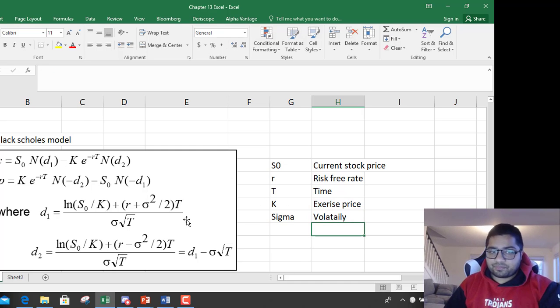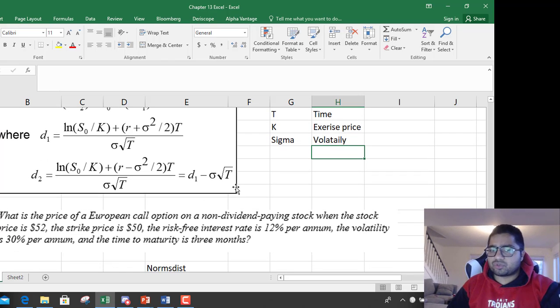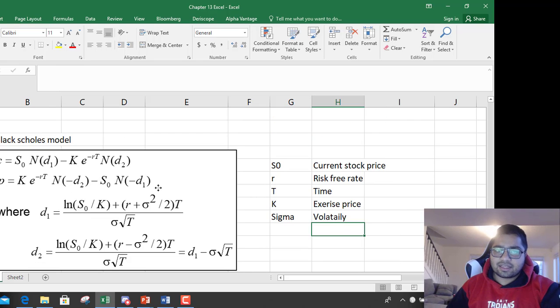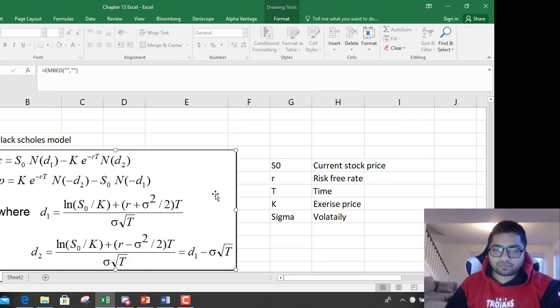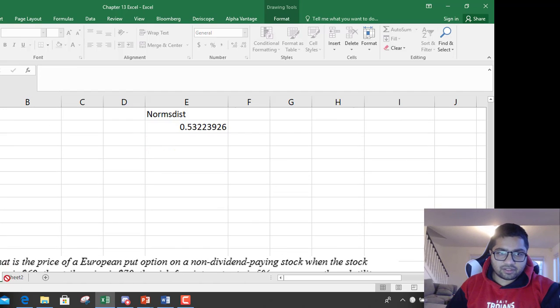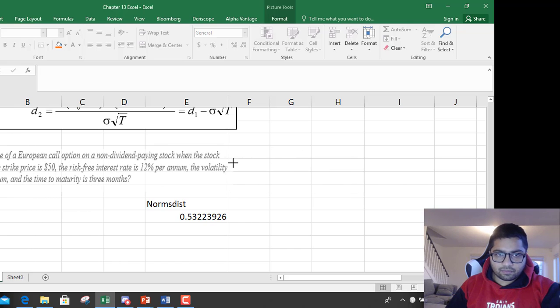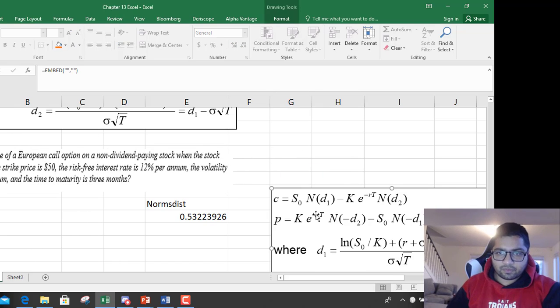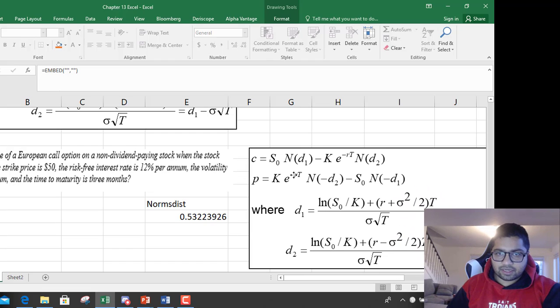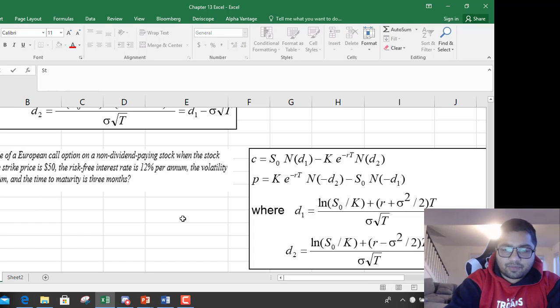So put everything in, and then calculate call and put price. We're going to do those examples so that you will understand. I'll just copy this and move down. Let us do the first problem first. We need these formulas, so I'll keep them here, and I'll tell you the steps too. Step 1, calculate D1.